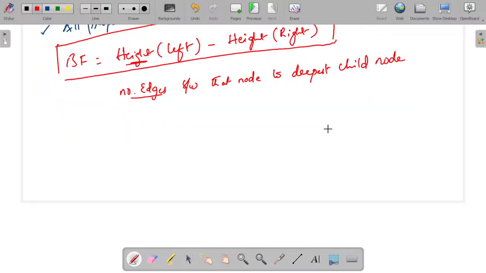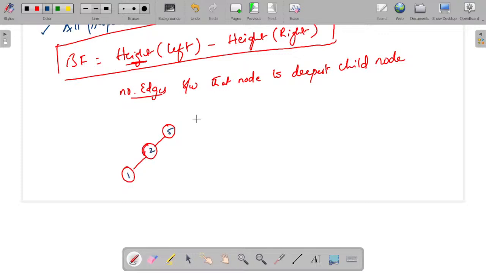For example, let us say we have a tree like this. Let me fill in some values here: 5, 2 and 1.